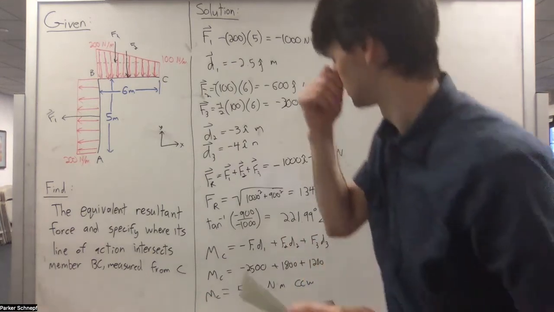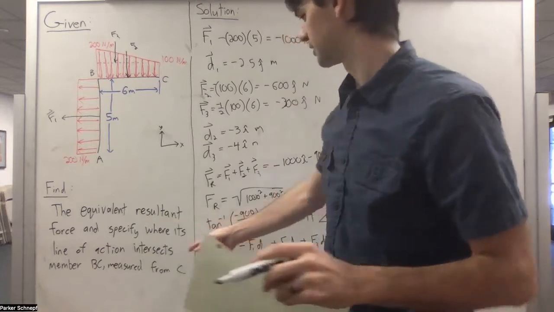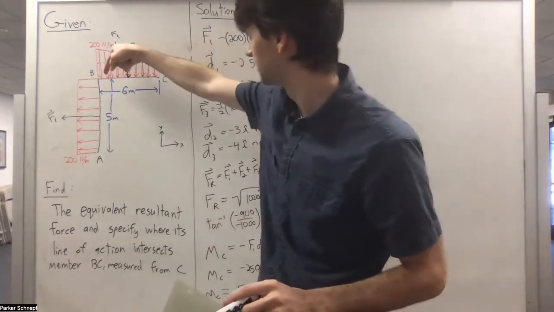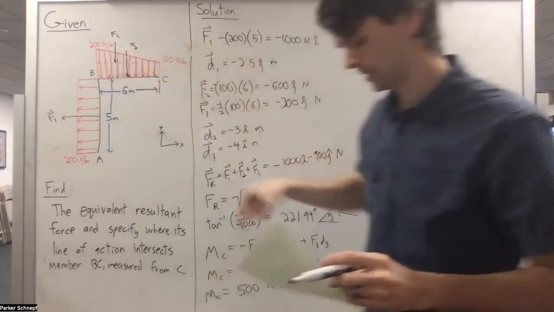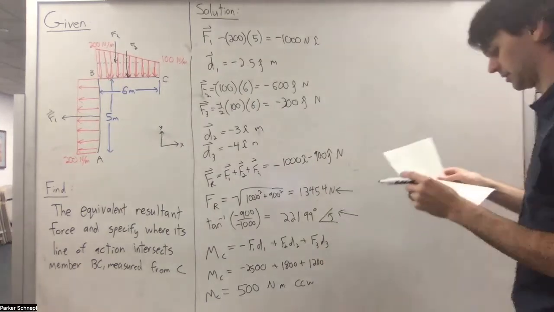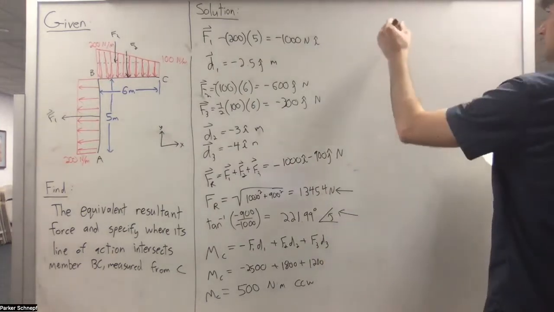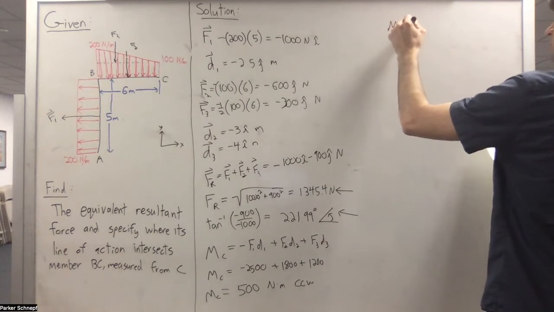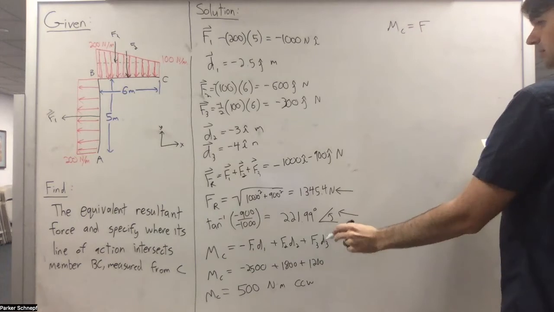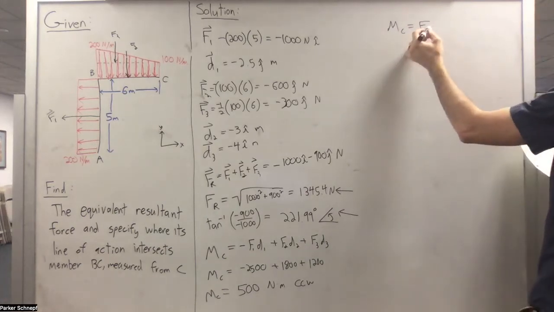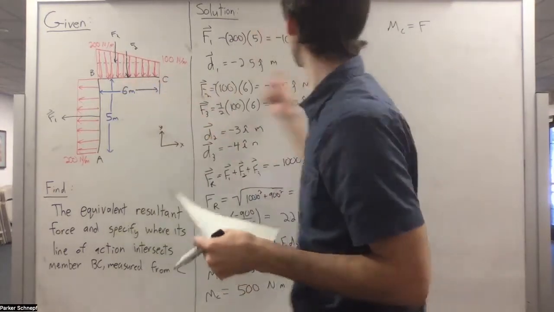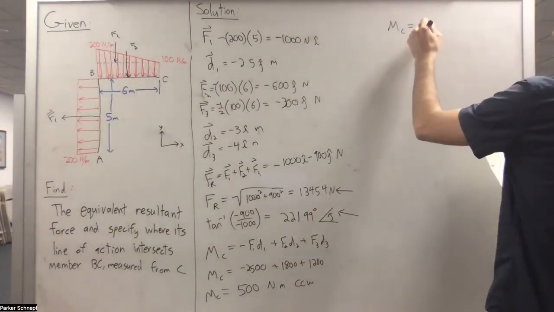And what they told us specifically is that we're going to place this force somewhere along this line BC. So to get this force, we know that the moment about C has got to equal that force times the distance. Because this is an x distance we're looking for, only the y component of this force even matters.